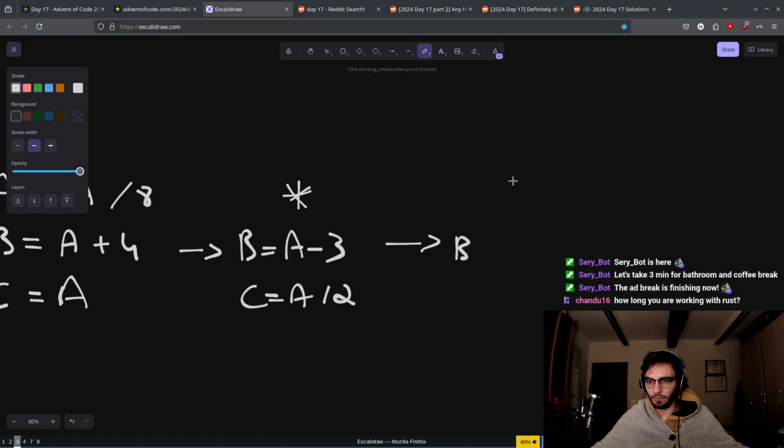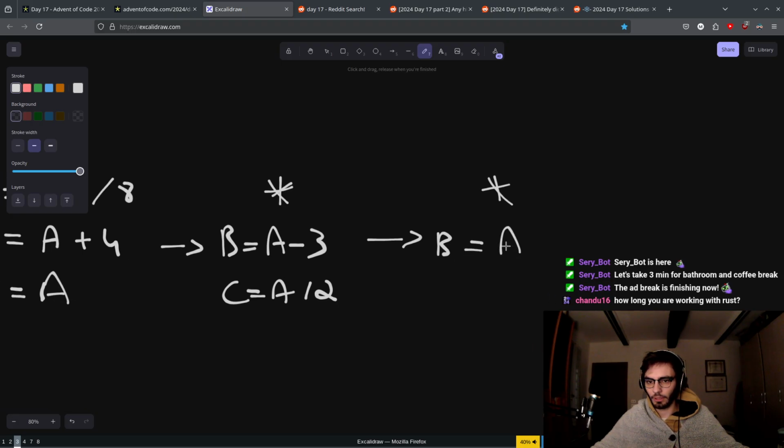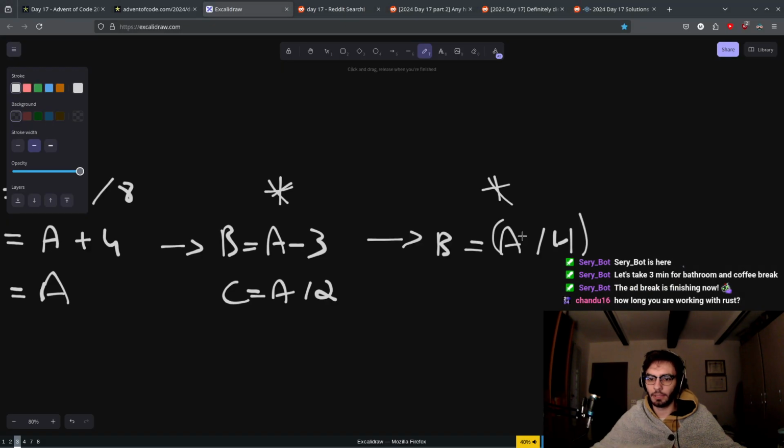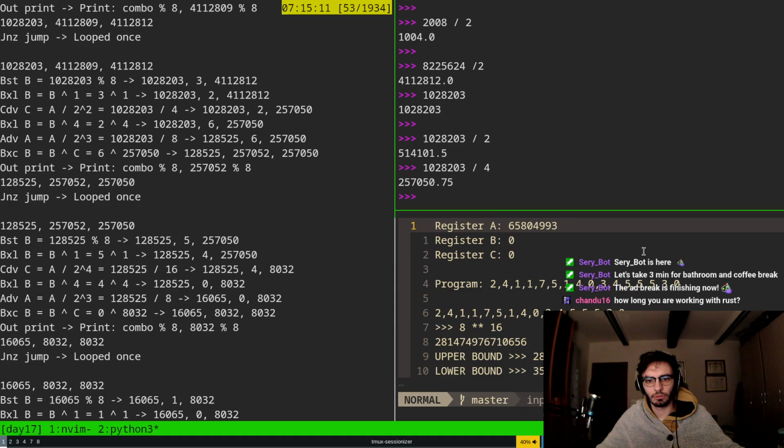So B would be A divided by 4. And C is A divided by 4. This is a minus 2 or a plus 2? So plus 2.